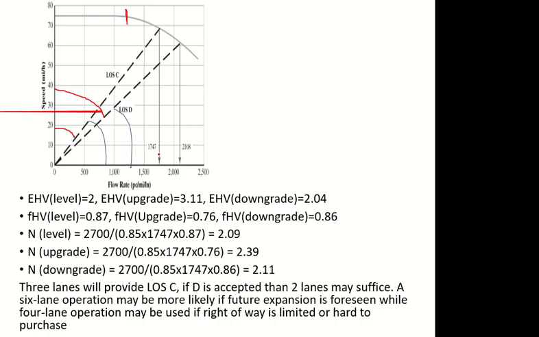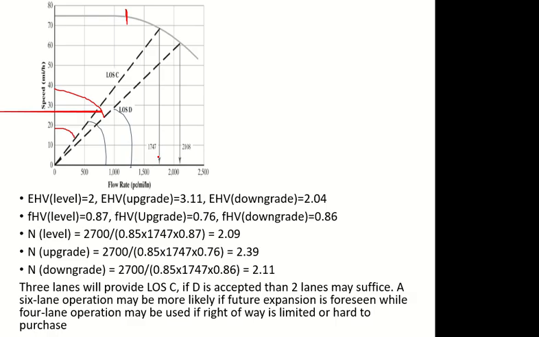C is better than D, right? So we are putting the best one from the two calculated values, so we get the best answer. Now you can see all answers are 2 point something.